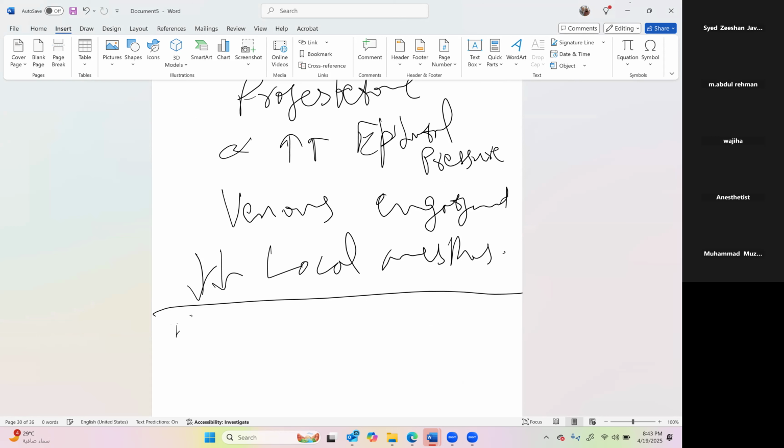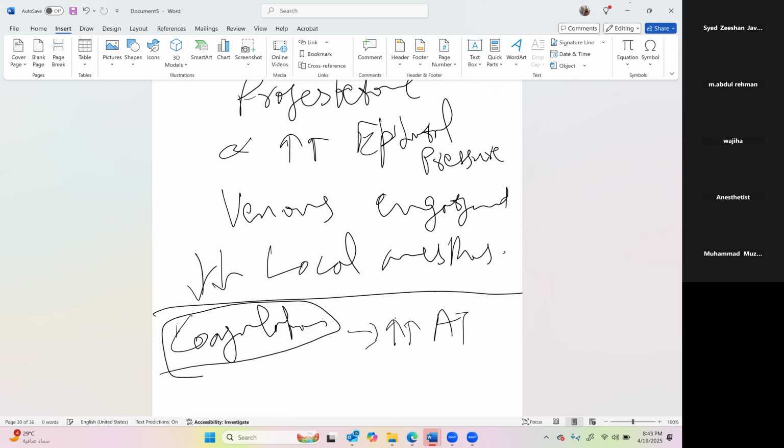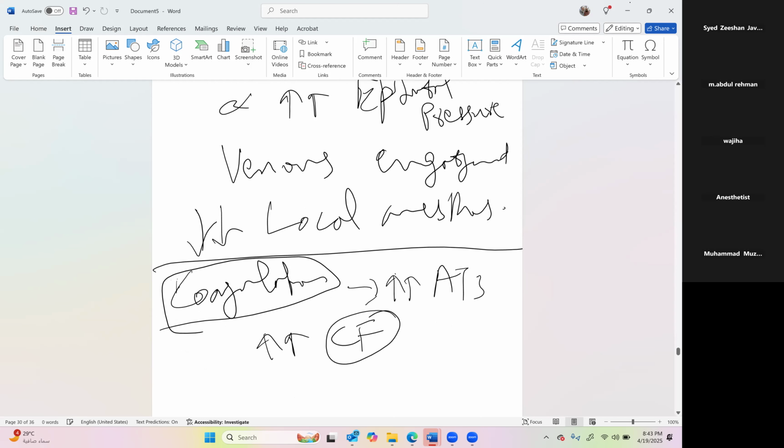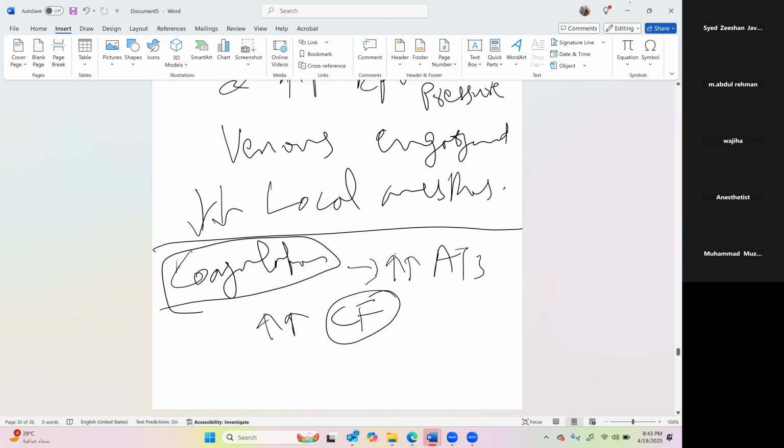So what about coagulation? With reference to coagulation, there is increased level of antithrombin 3 and decreased levels of factors 1, 5, 7, 9, 10, 11, and I think increased factor 12.